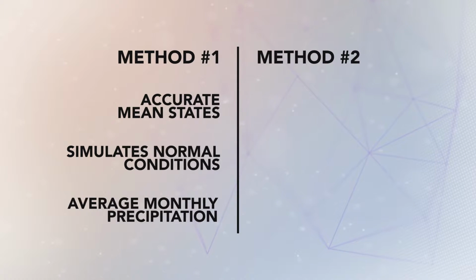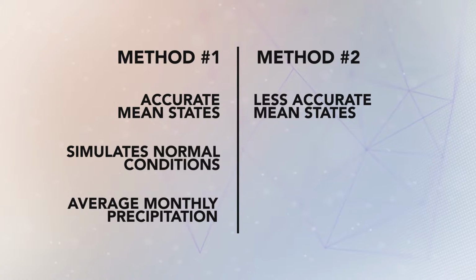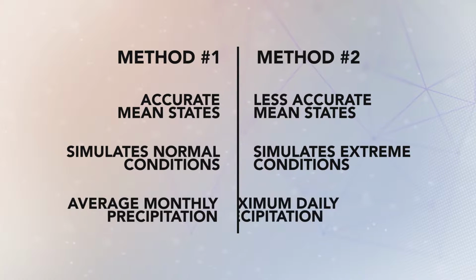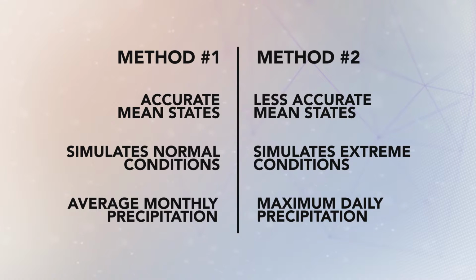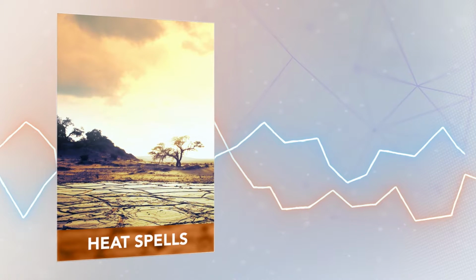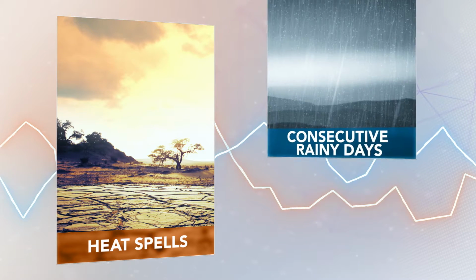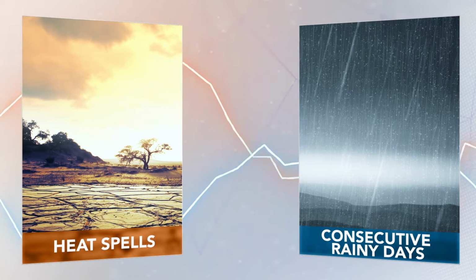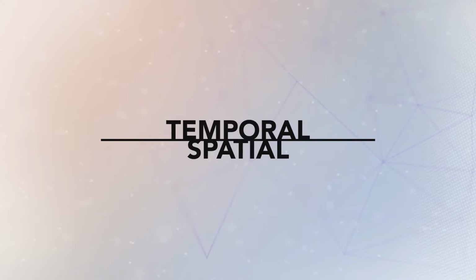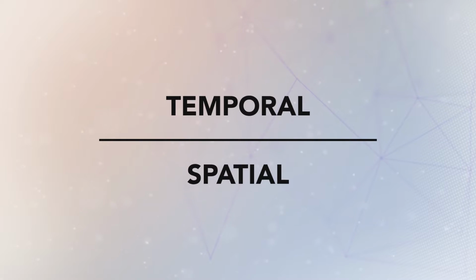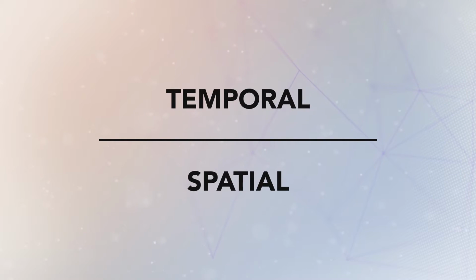Other methods are designed to compromise the mean state performance in order to improve their behavior simulating extreme events, such as maximum daily precipitation amount. Similarly, some statistical downscaling methods are designed to improve the representation of a sequence of events like heat spells or consecutive number of wet days. And some methods focus on improving temporal correlations, while others are more appropriate to analyze spatial behavior.